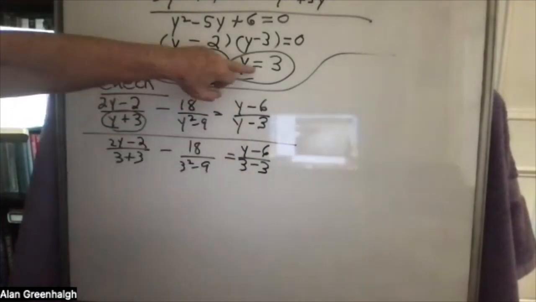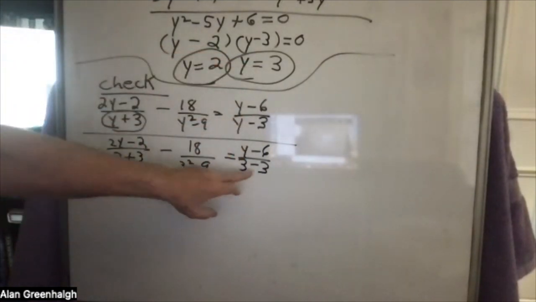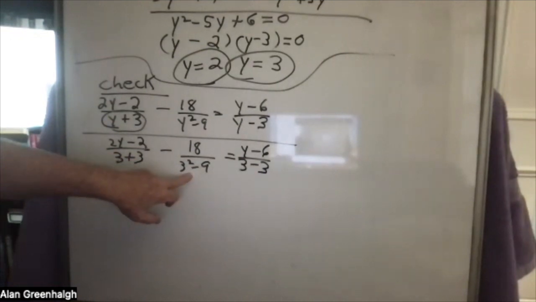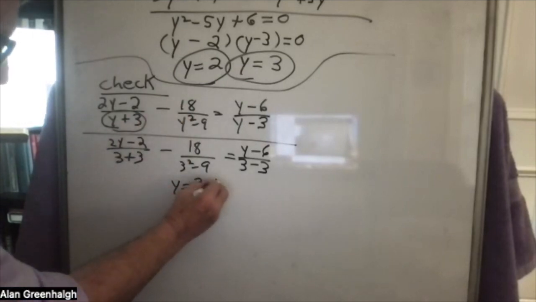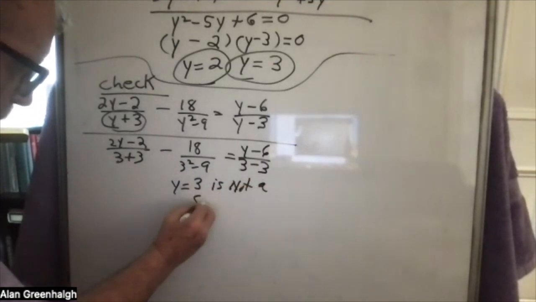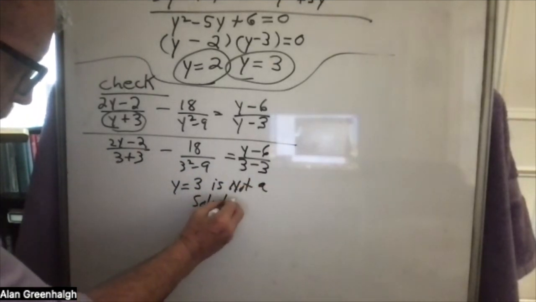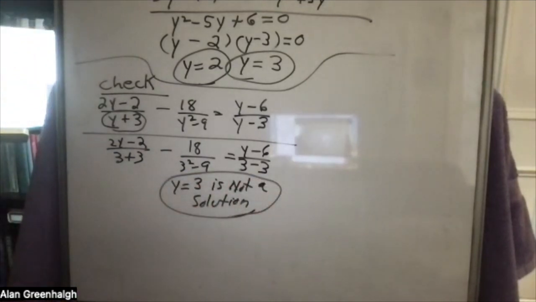If we substitute the 3 into this original equation, we're going to get 2 of the fractions with 0 denominators. Therefore, y equals 3 is not a solution. No good. Is that clear?